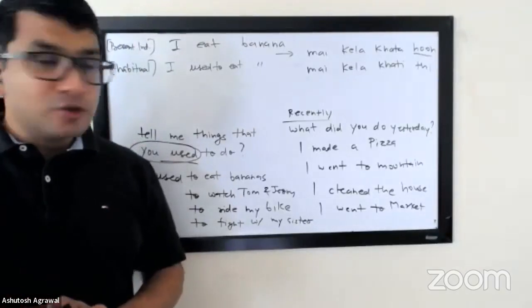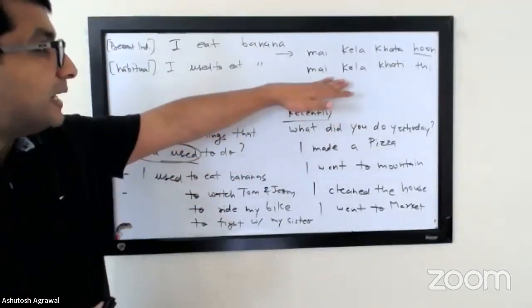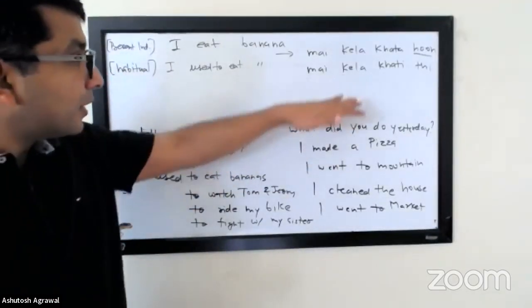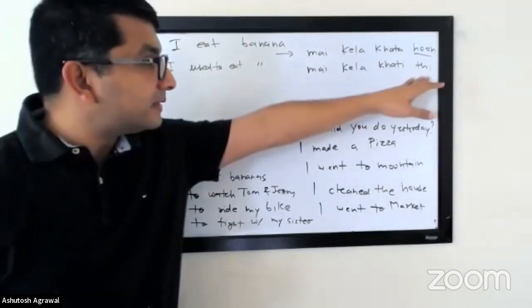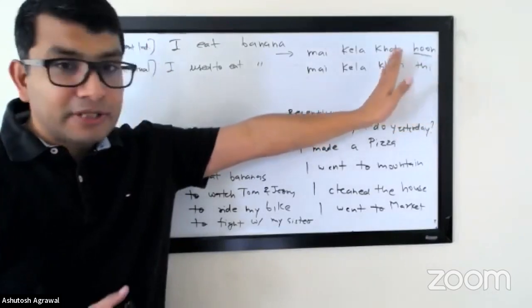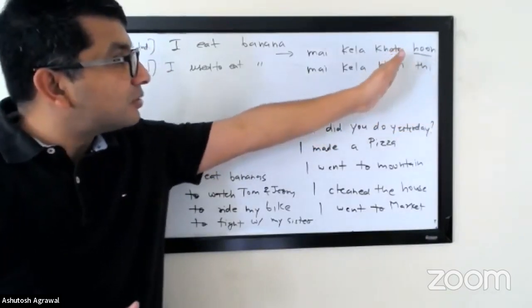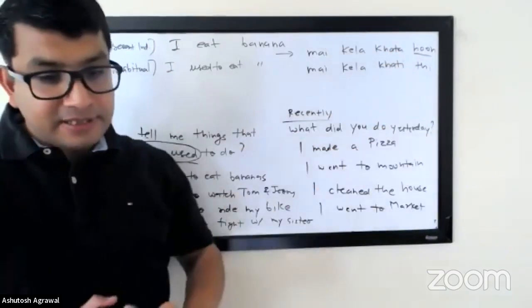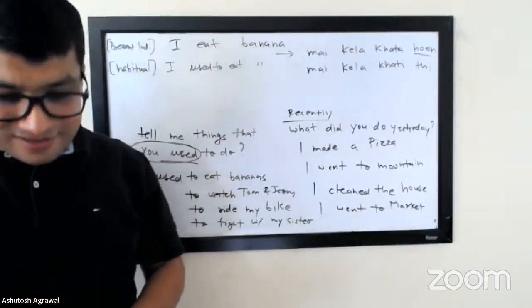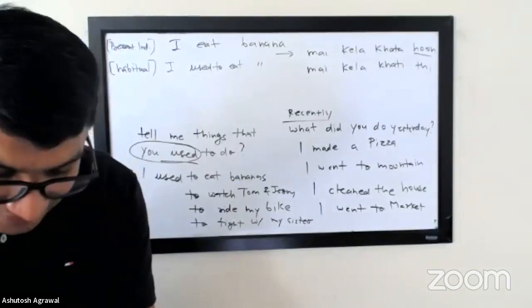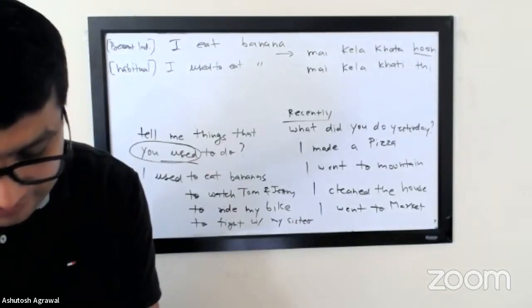So changing or making a sentence is not hard, okay? You start with the present indefinite tense and you change the ending. That's it. Don't conjugate the verb differently. It's going to follow the same pattern as present indefinite. Any questions on the habitual past so far?